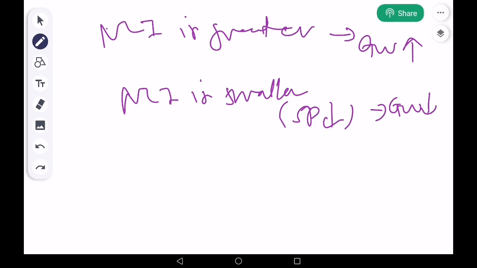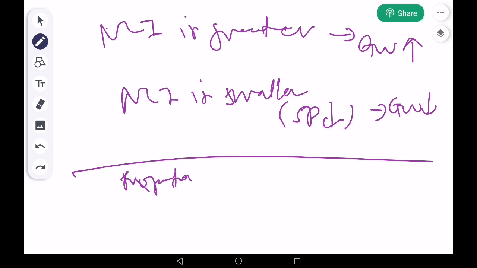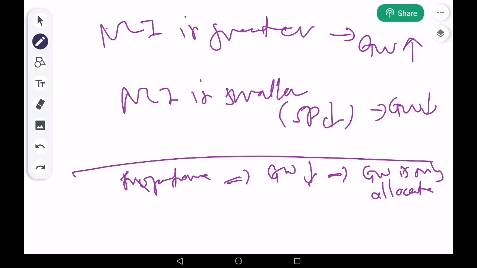So there are pros and cons in using the fair value method compared to proportionate. Proportionate, we believe what, class? The goodwill will be lower because the goodwill is only allocated to parents.